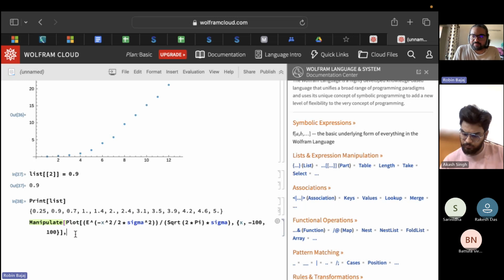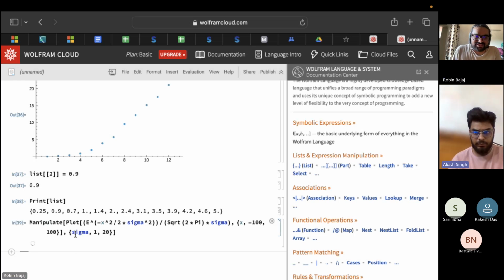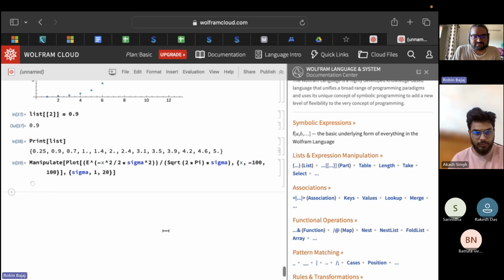Now we manipulate the parameter. For example, I want to manipulate sigma from, let's say, 1 to 20. Then I close the bracket for the Manipulate. Do you think it is correct? Let us try it. I hope this is correct.